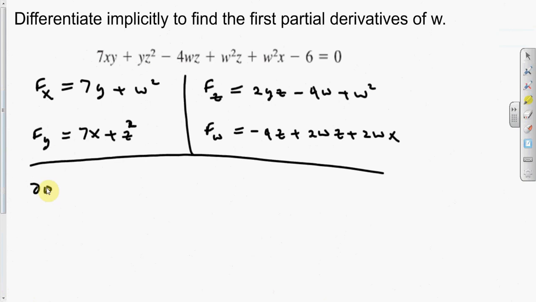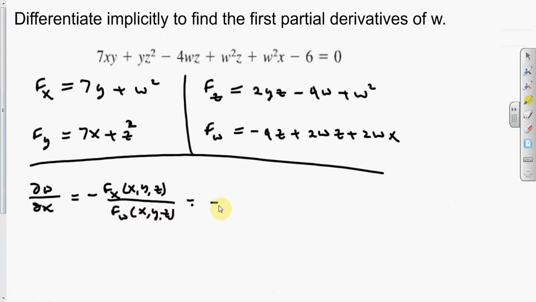So the partial of w with respect to x is negative f sub x of x, y, z all over f sub w of x, y, z.